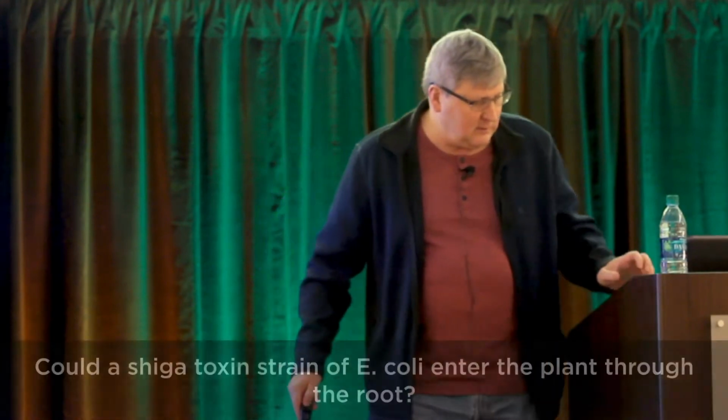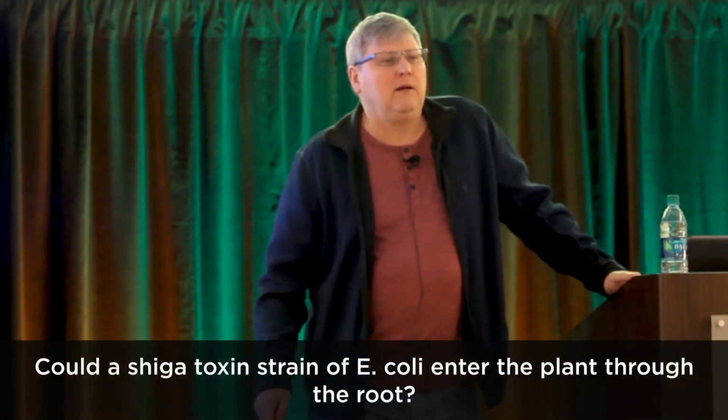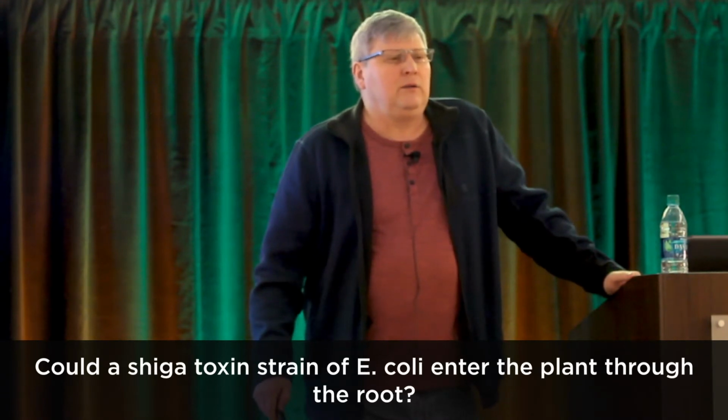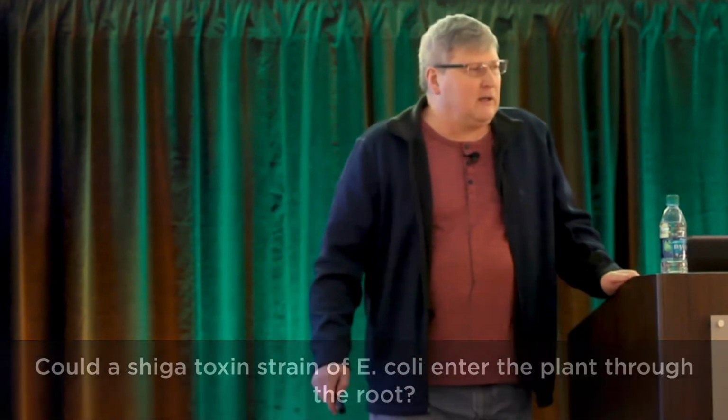Follow-up question. Would it be possible that you could have a Shiga toxin producing strain of E. coli enter a plant through the root? Certainly, you could have human pathogens that go into plants. But when we eat them, we probably eat lots of potentially pathogenic microbes, but they go in the gut and you have a diverse community, and that community in human and animal guts polices itself mostly, so they suppress virulence of many of those microbes.